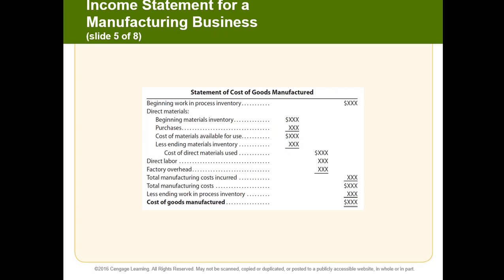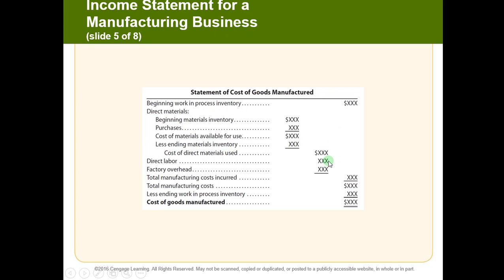And the difference between what I started with, what I added, and what I have left has to be what I pulled out and used to start building my finished goods. So there's the first piece. That is your direct materials number. Your direct materials come directly from your raw materials, and you're going to analyze your raw materials using your little formula.